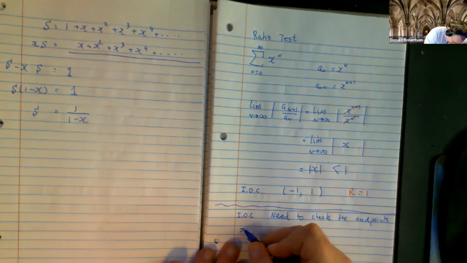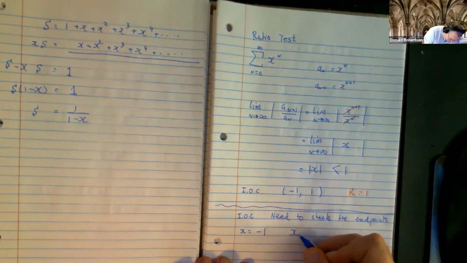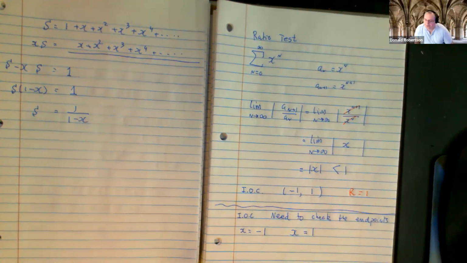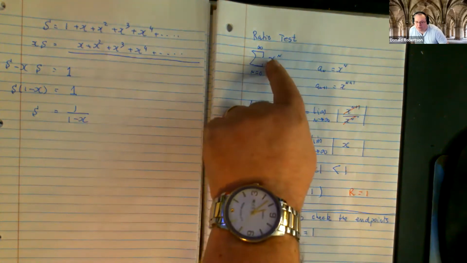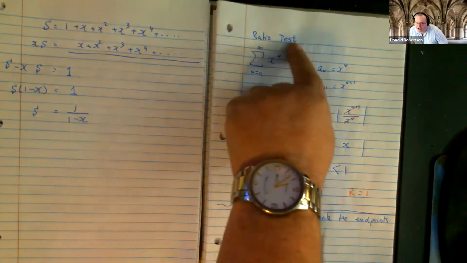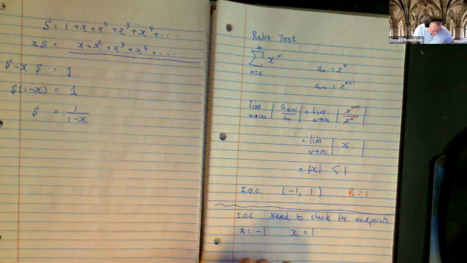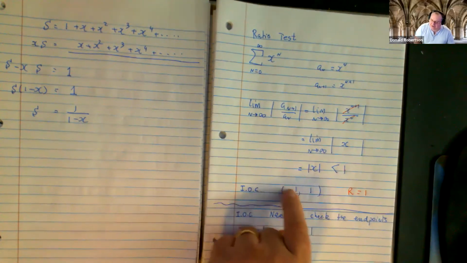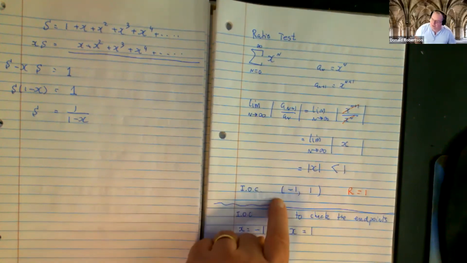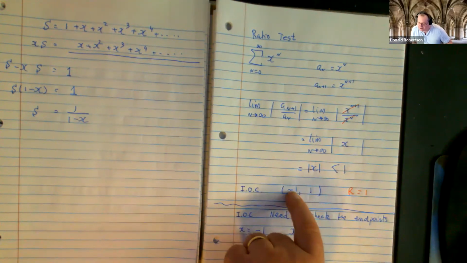So we need to check x equals -1, and we also need to check x equals 1. Now, if you plug x equals -1 into the original, and the series that you get converges, then that means you can use -1, and you'll put a square bracket around it, saying not only is it from -1 to 1, but you can use -1. Right now, aren't I saying you can't use -1? So we have to test each of those.